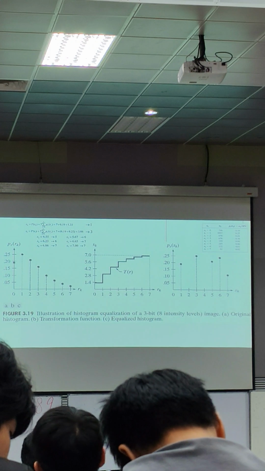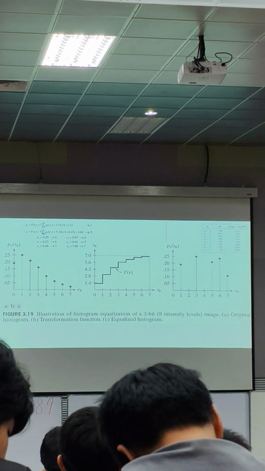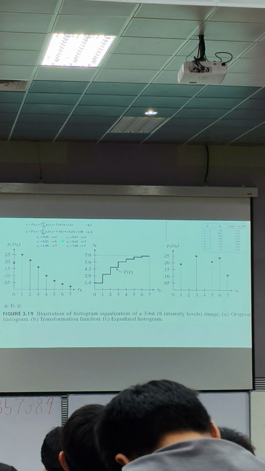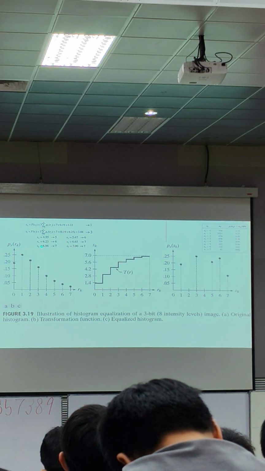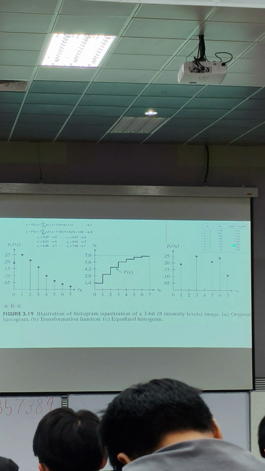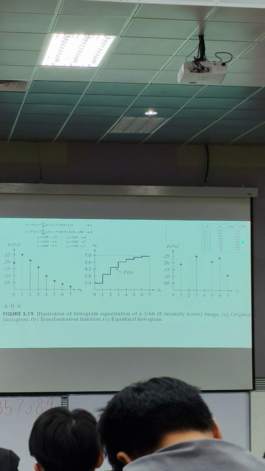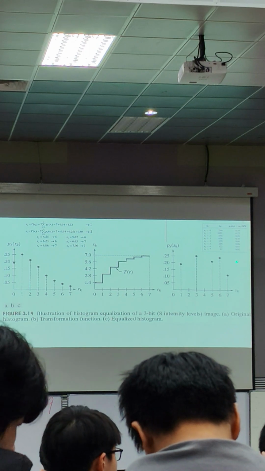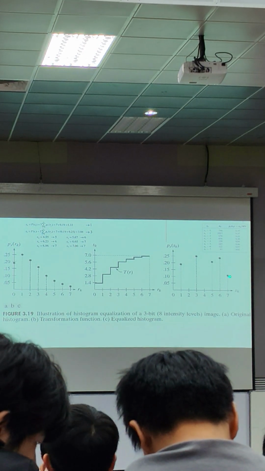So 7 here, look here, 7, 7, 7. Before this, what pixel values are they? 5, 6, 7. So 5, 6, 7. 0.06 plus 0.03, 0.02 is 0.09. So 0.09 is here.